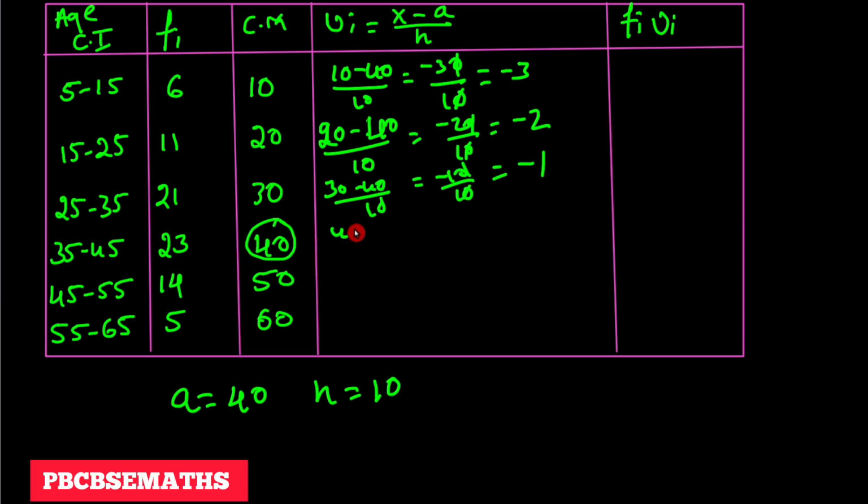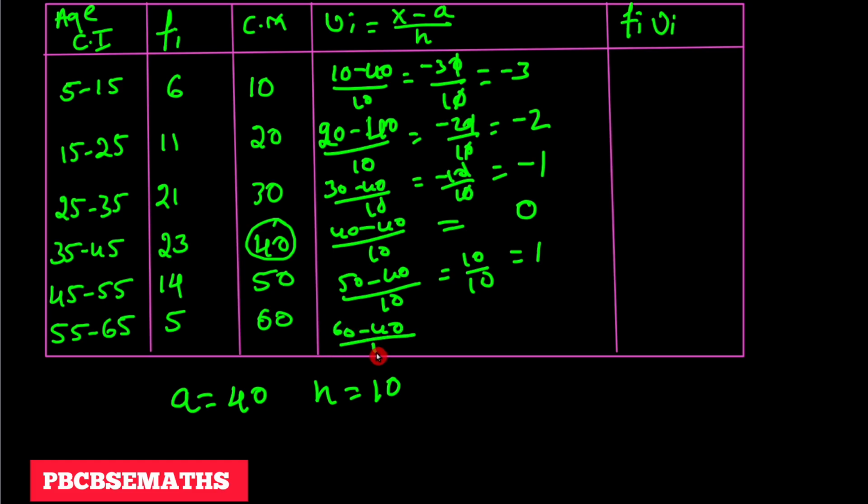Here 40 minus 40 by 10, which means the result will be 0. Here 50 minus 40 divided by 10, that is 10 by 10, which gives us 1. At last 60 minus 40 divided by 10, that is 20 by 10, which gives us 2. Now we got the values of these u i.